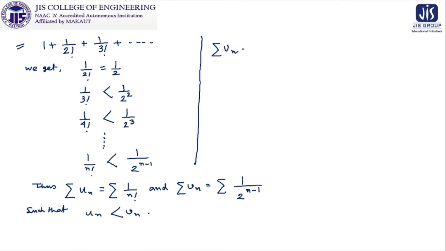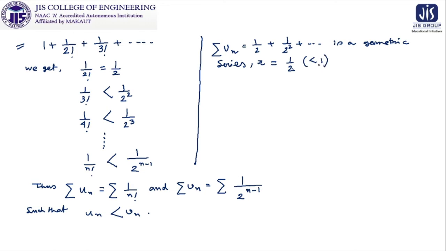Summation vn is nothing but 1 by 2 plus 1 by 2 square plus so on; it is a geometric series with r equal to half, which is less than 1.